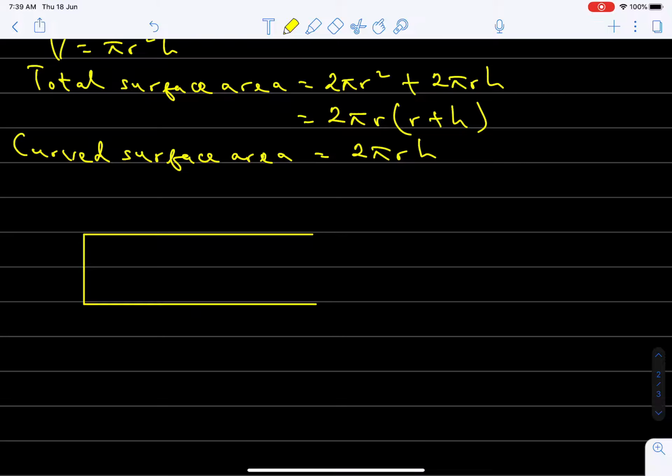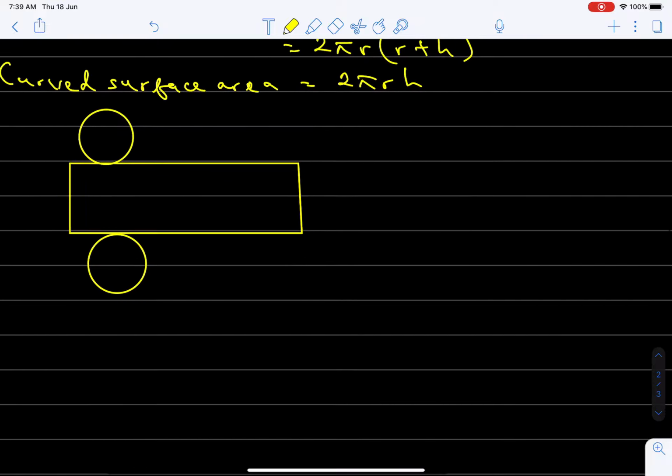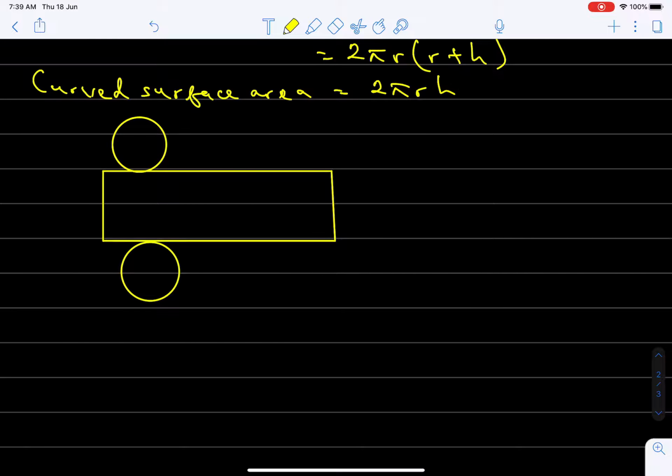So a cylinder is actually made from a rectangle and two circles. That's the net of a cylinder.